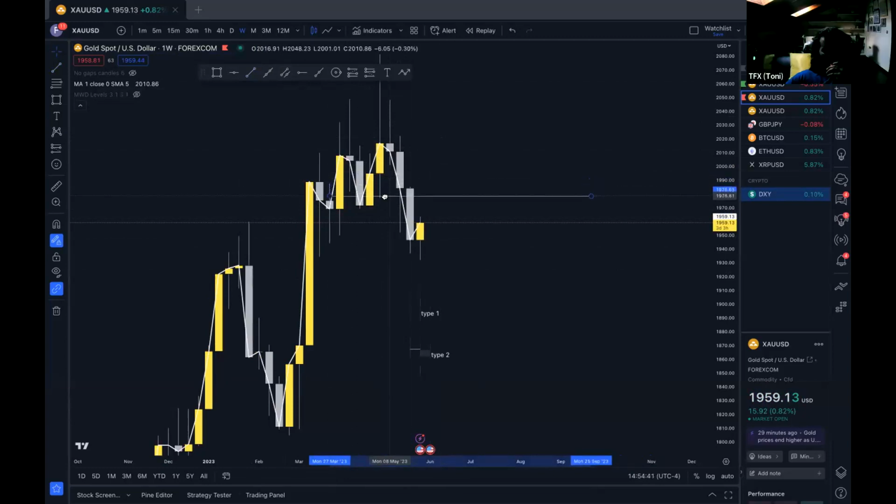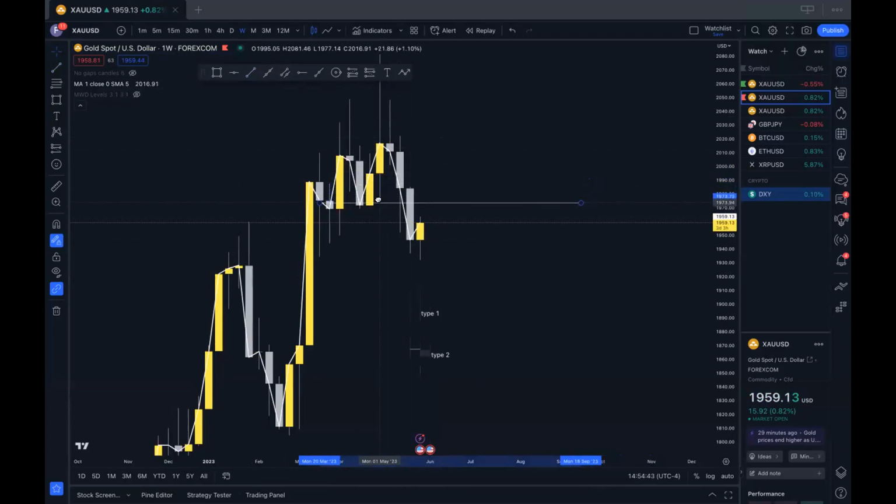Okay. Then what do you see? Price also broke out this move. Why this move? Because this move was responsible for taking out this SNR.